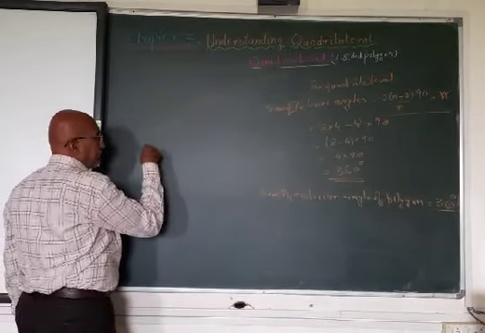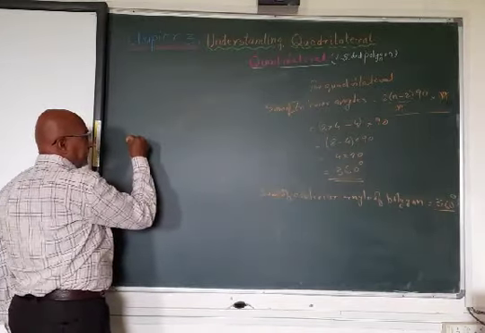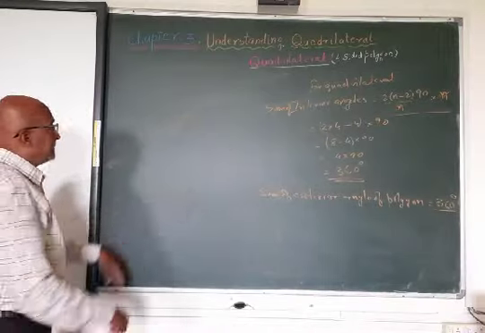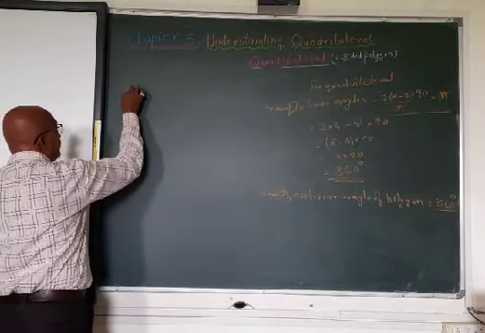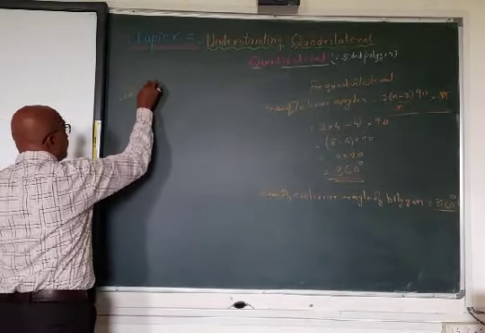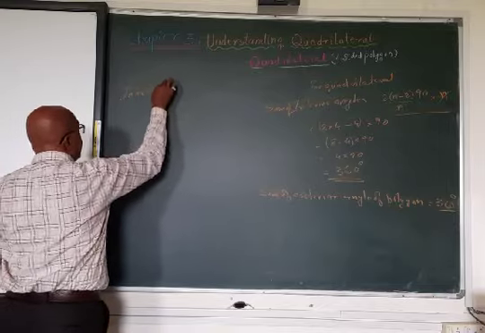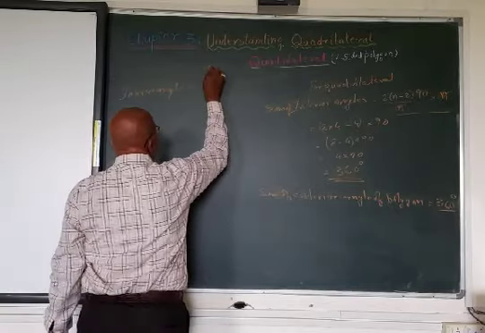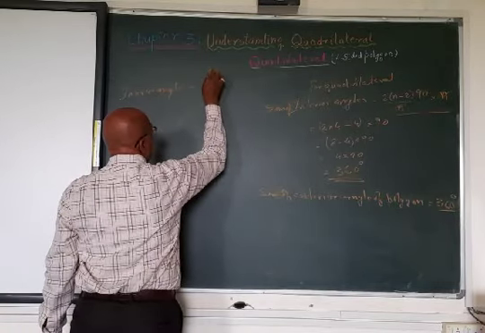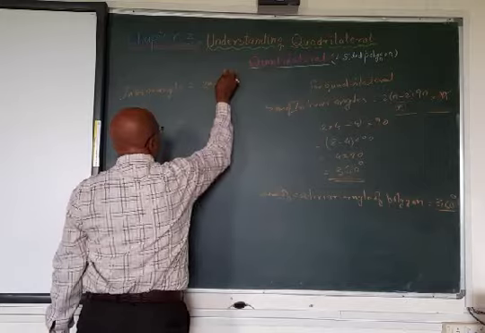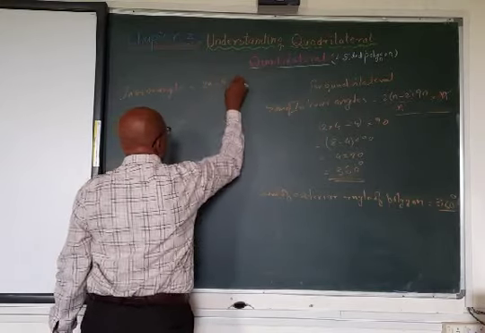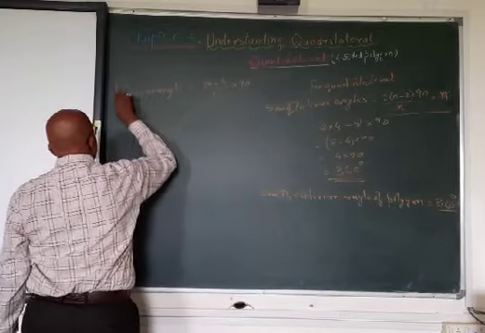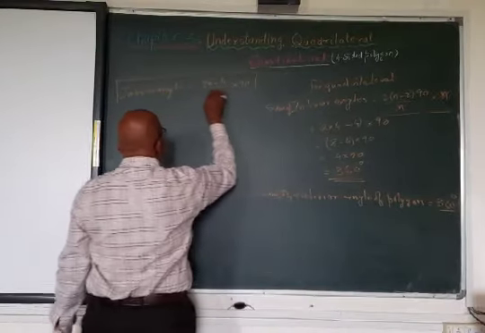And one more we can add. This is for the sum, but the interior angle equal to 2n minus 4 upon n into 90. This is the formula for the interior angle of any polygon.